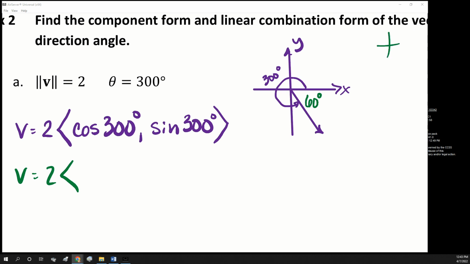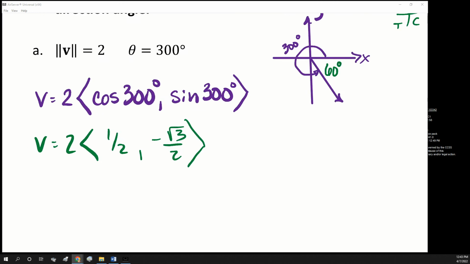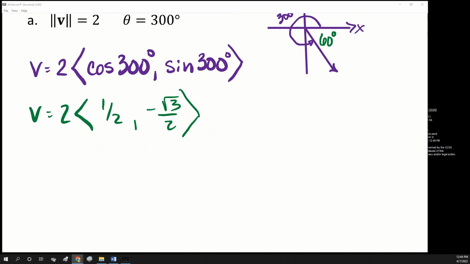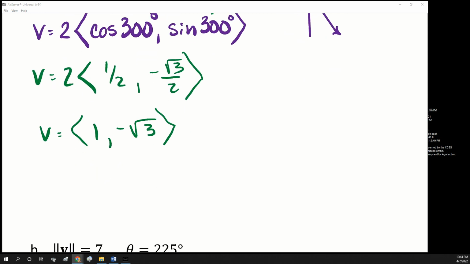Cosine is going to be positive. Okay, so positive 1/2. And then sine is going to be negative square root of 3 over 2. All right, and then we'll just distribute the 2. And there's my vector in component form.